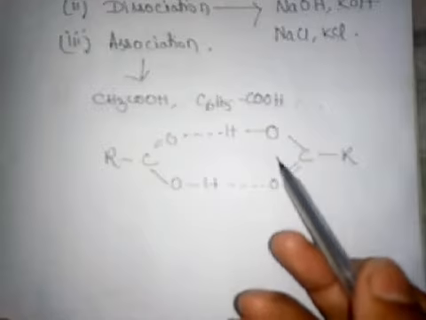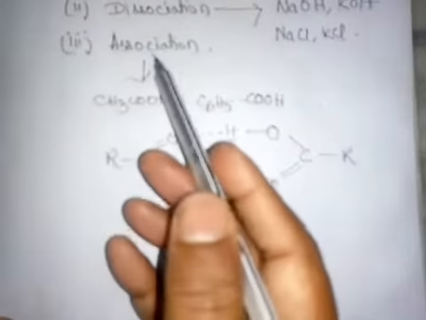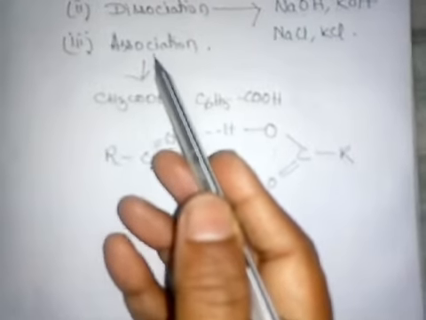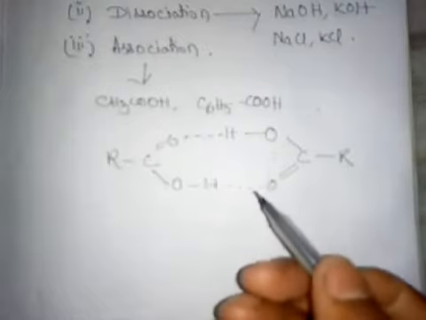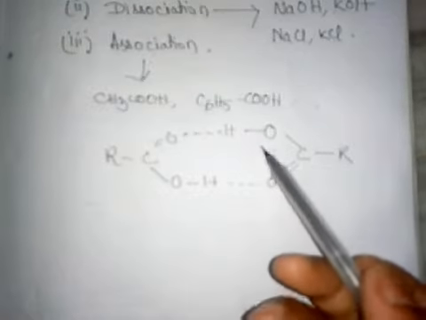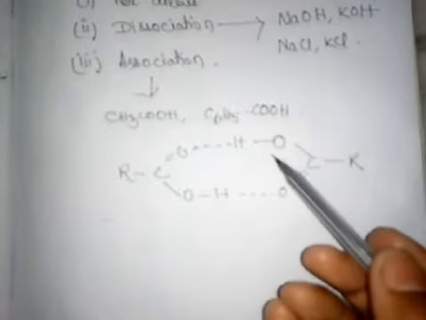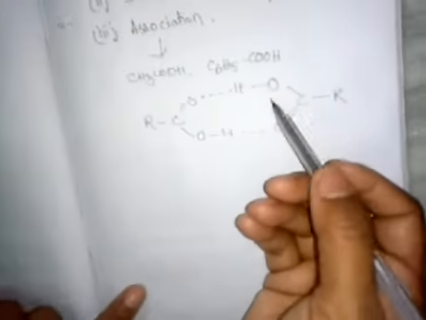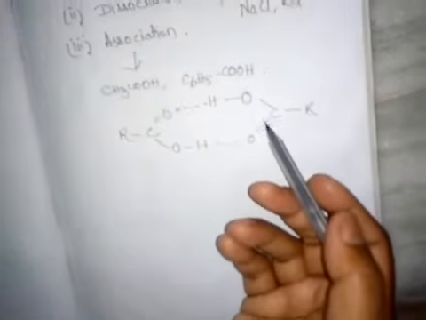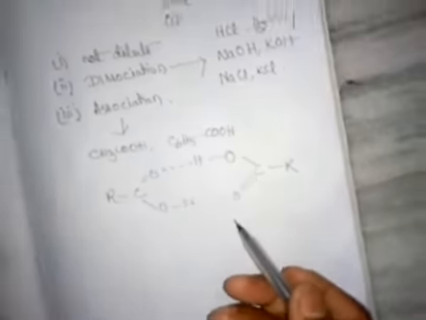Now, number of molecules in the solution decrease due to association. Now, whenever the number of solute particles decrease or increase, it affects the molecular mass, or there is a difference between the experimental value of molecular mass for the solute and theoretical value of molecular mass for the solute.